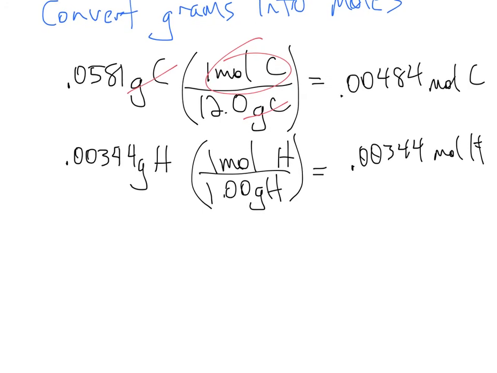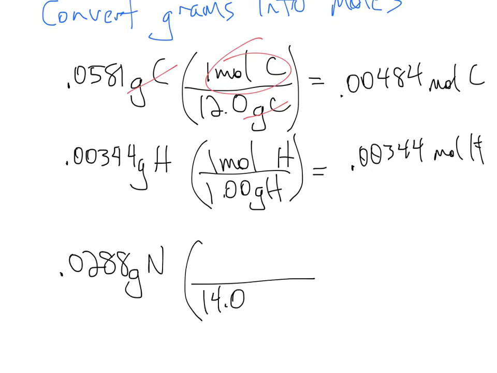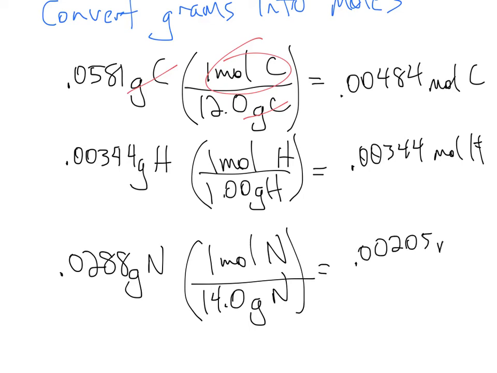For the nitrogen, 0.0288. And it works out to be 0.00205 moles of nitrogen.